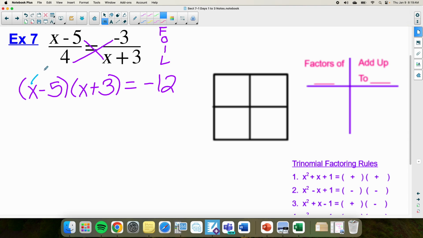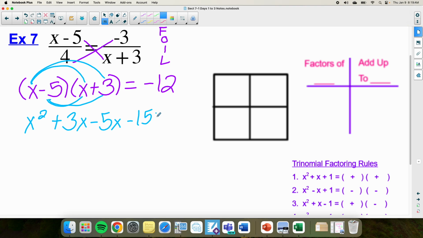So the first would be x times x, which is x squared. Outside would be x times 3, which is 3x. Inside would be negative 5 times x. And then we have negative 5 times 3, which is negative 15. And then that negative 12 I bring over in this step. And if it's a negative 12 and I bring it over, it would be a plus 12 equals 0.